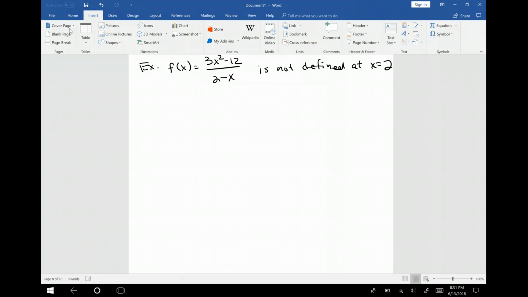Yes, x equals 2, correct. It's not defined at 2, because it makes division by 0. So the question is, how should it be defined in order to make it continuous at 2?